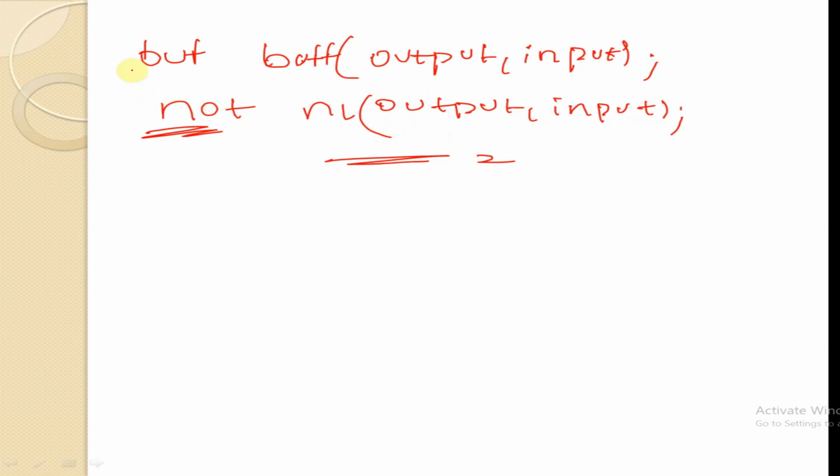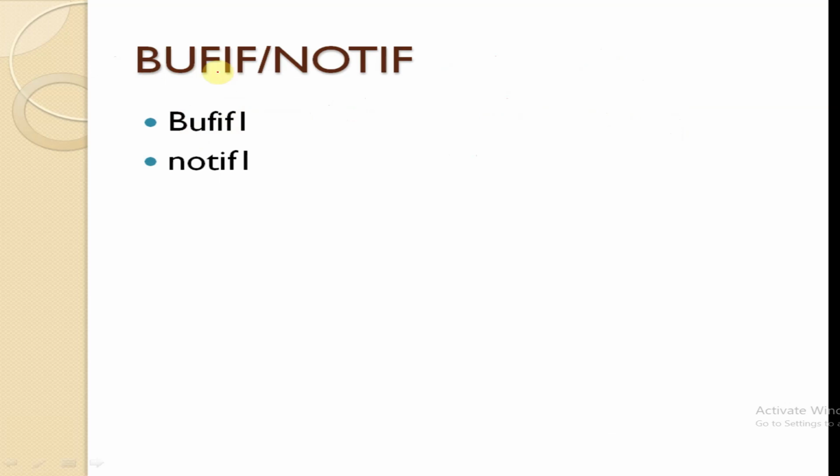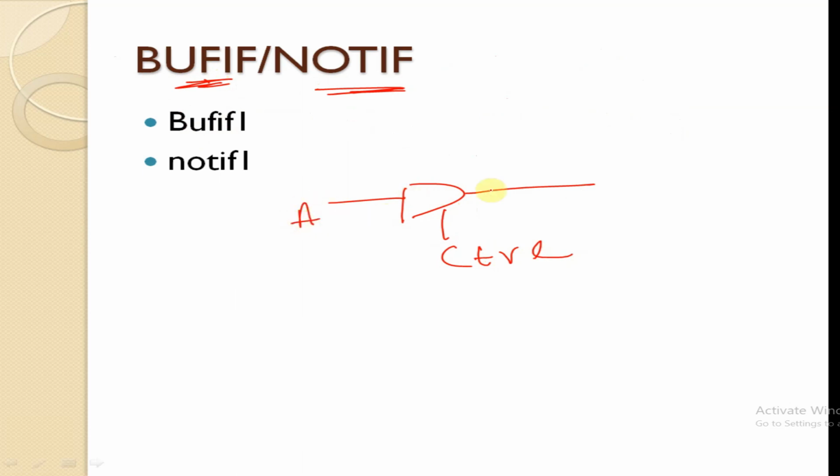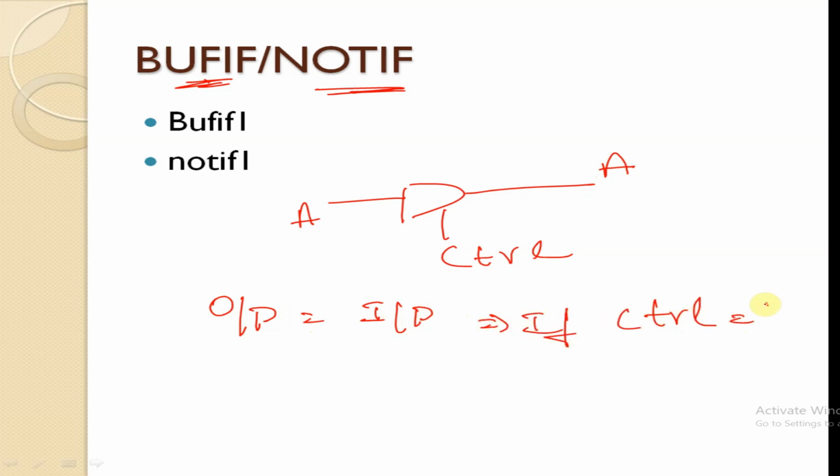So these are the primitives available for buffer gate and NOT gate, and we have bufif and notif. The symbol for bufif is like this. We will have one extra control signal. Suppose we have input A, then the output will be equal to the input only if the control is equal to 1.